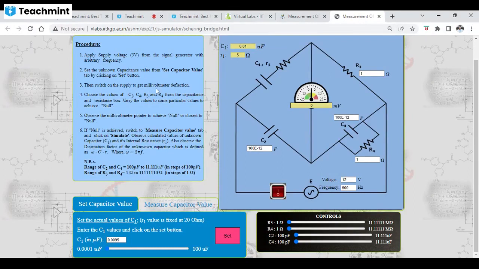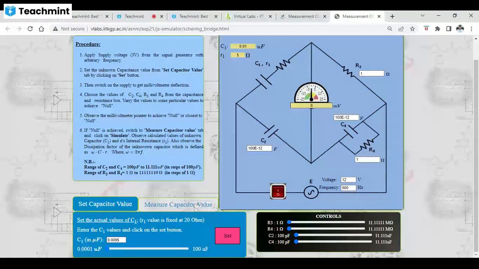Then switch on the supply to get the millivoltmeter deflection. After setting the unknown value of capacitor C1, we switch on the circuit. After switching on, we get the deflection of this millivoltmeter, and now we choose the values of C2, C4, R3 and R4 from the capacitance and resistance box, and vary the values to get the null or zero value of this millivoltmeter, or nearest to zero.